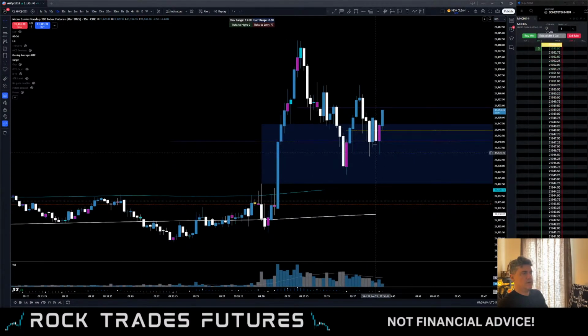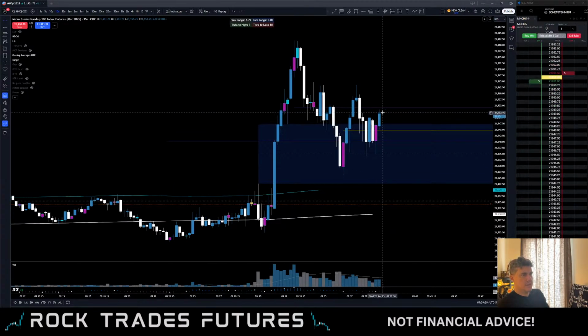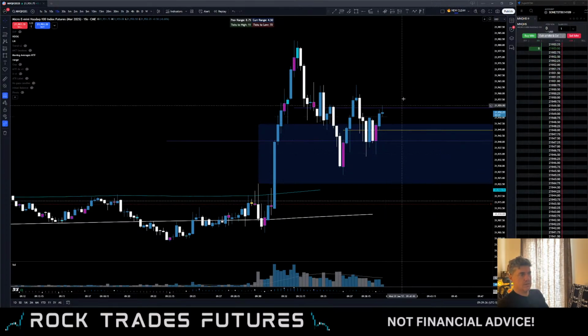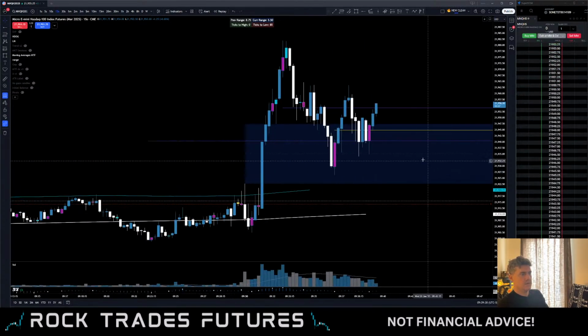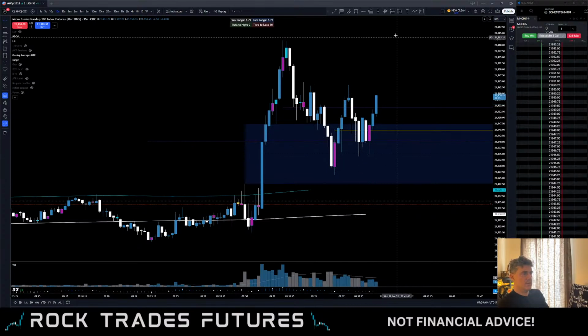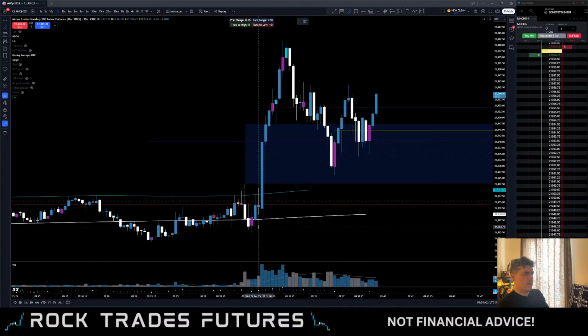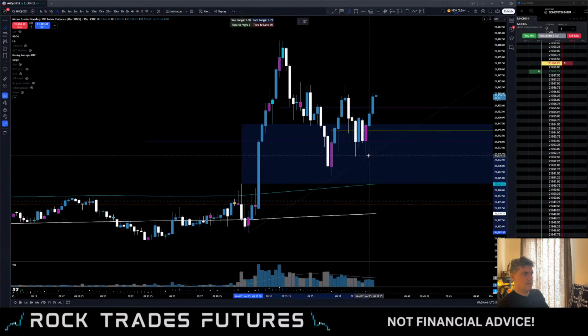All right, so contraction even tighter here. A contraction within a contraction. So we're breaking out the top of the baby contraction. Let's see if it wants to go down to the bottom of the baby contraction, and then start some expansion activity here. We're holding above and pushing away from initial imbalance.